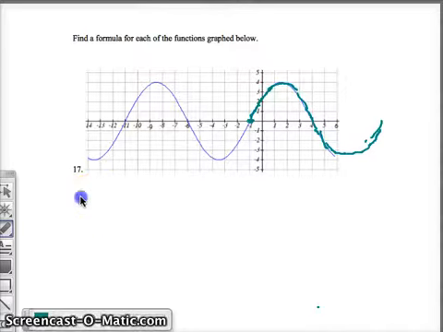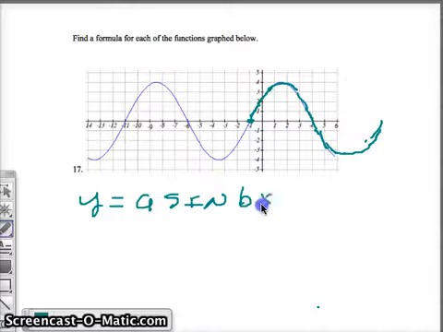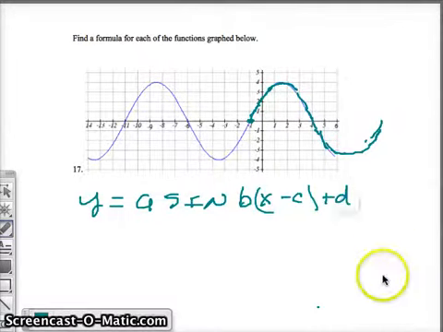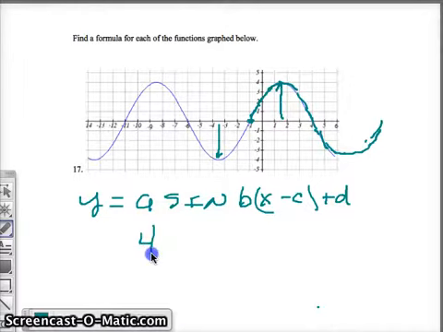All right, so remember we have y is equal to a sine of bx minus c plus d. Well, number one, I noticed that the amplitude goes up 4, down 4. It's 4.